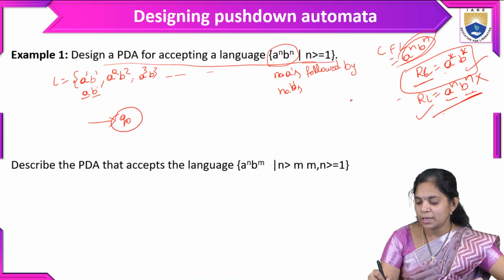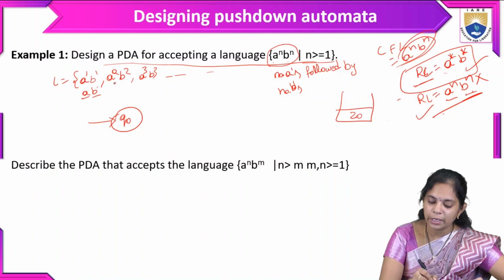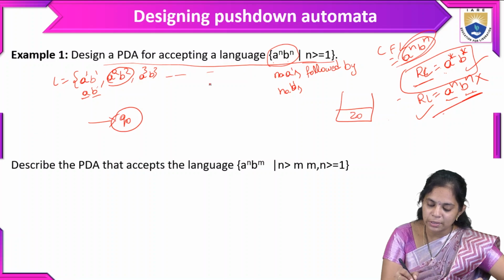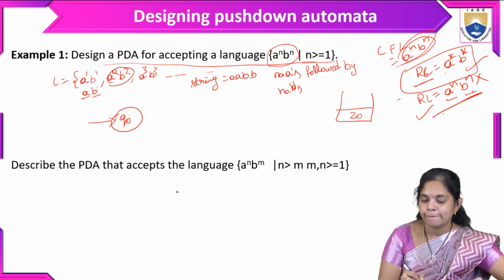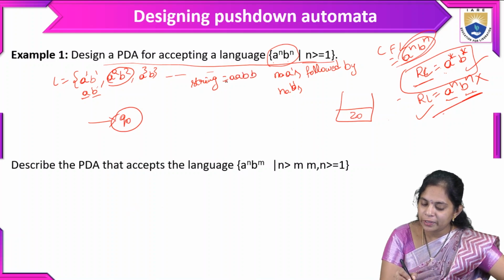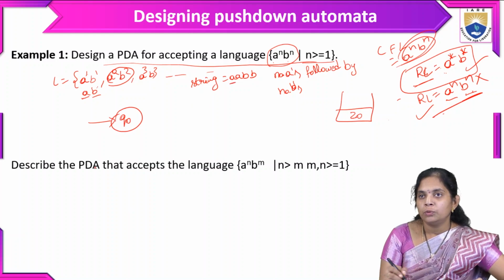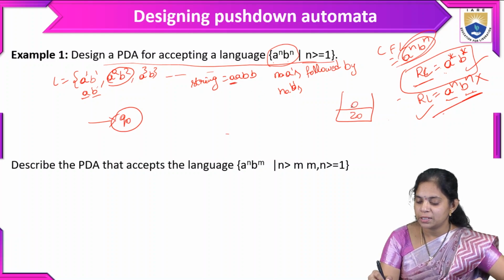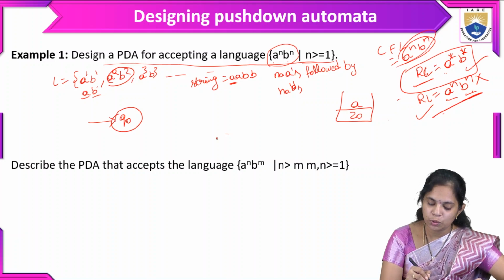Initially we initialize the stack with Z0, and we take the string AABB. While reading A, we need to push the value into the stack. We need to represent this with three values.